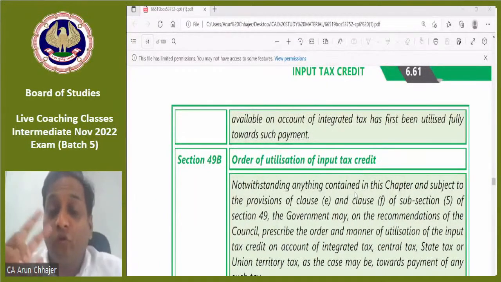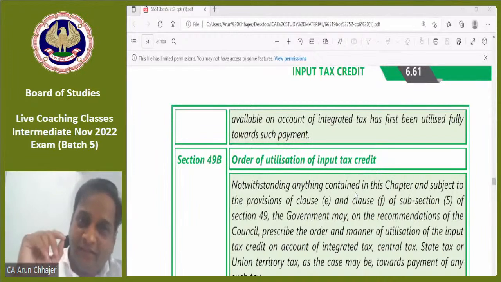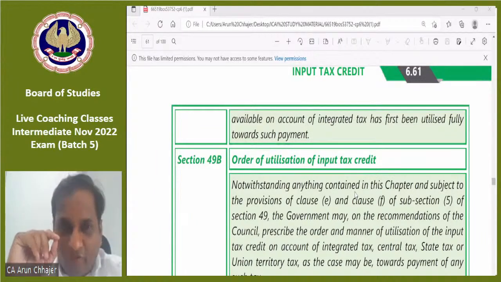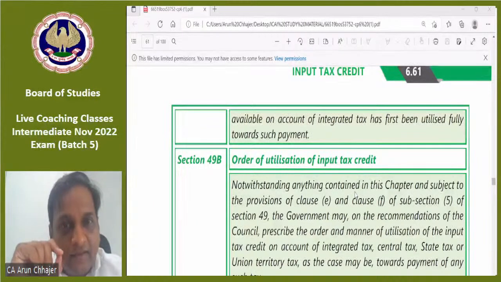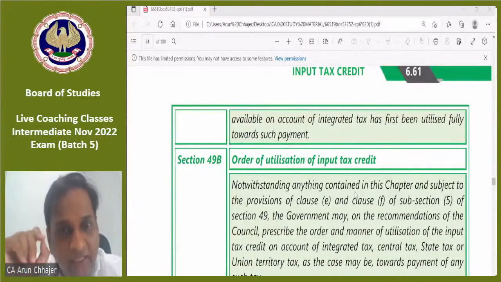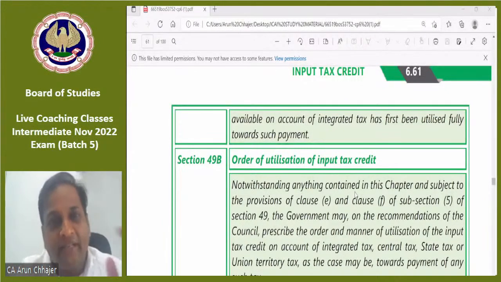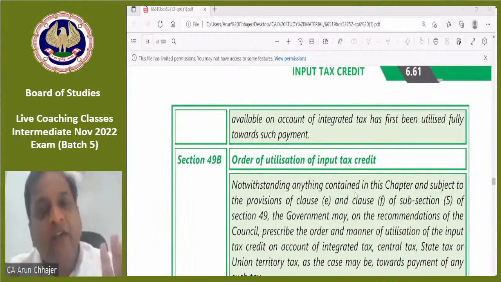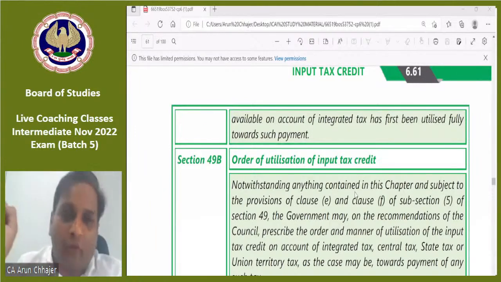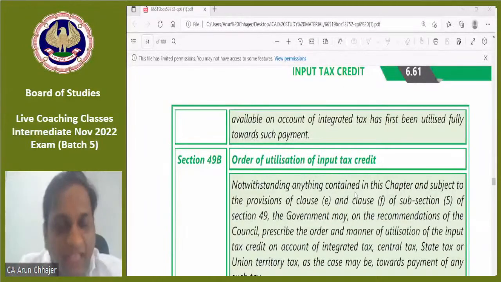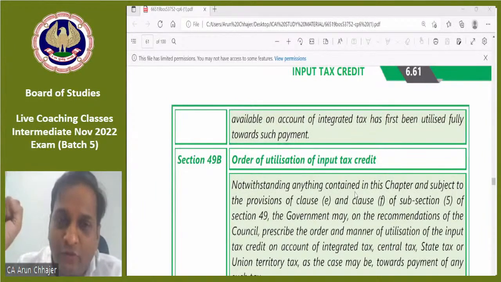No. Try to understand. See, first the amount will be given to its own tax liability. Try to understand this concept in layman language. See, Mr. A needs some amount in his house.